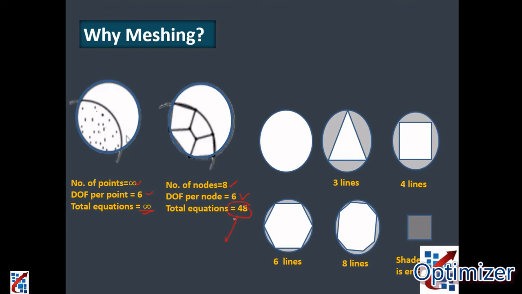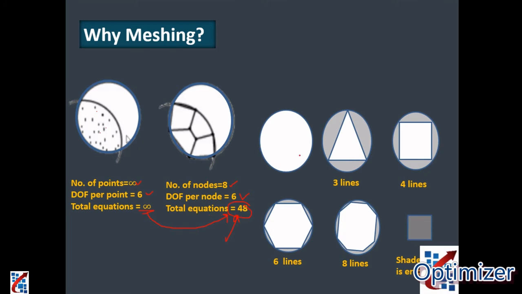So you can solve it manually or with the help of a computer. You are converting an infinite problem into a finite problem. That's why it is called finite element analysis. So meshing is required to convert the infinite problem into a finite problem.